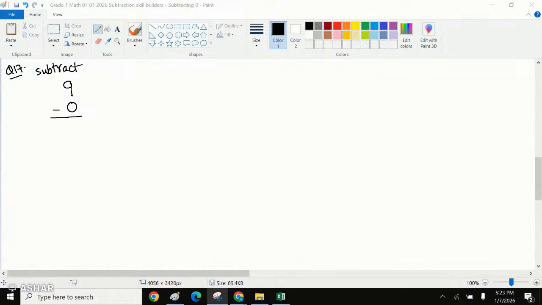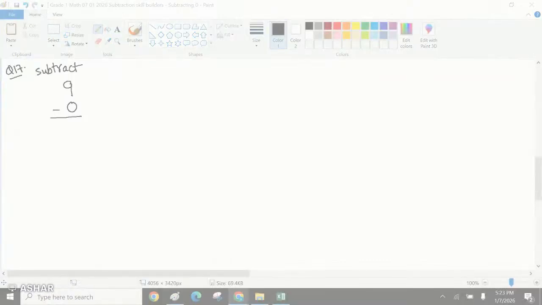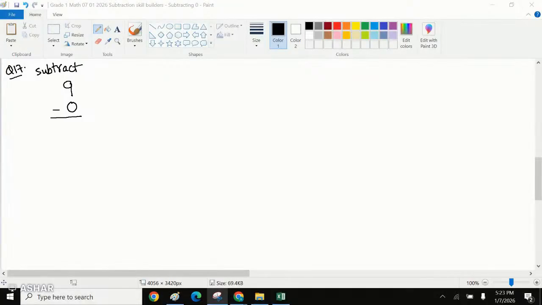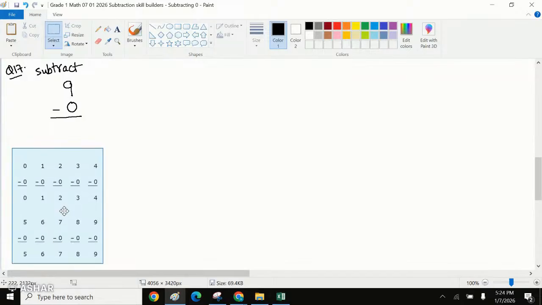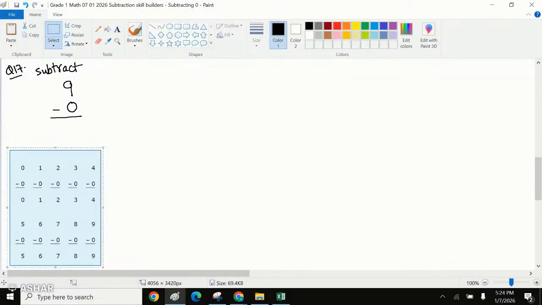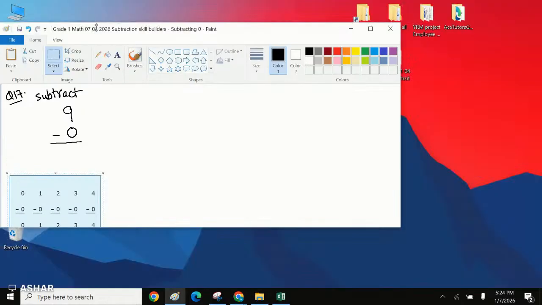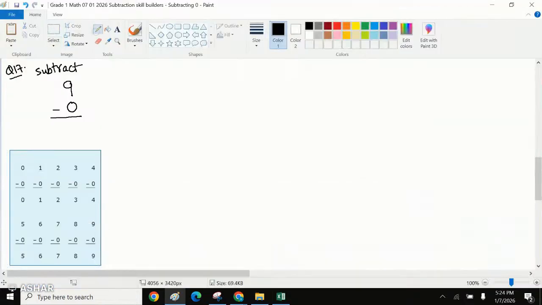And we remember how we subtract, right? Let's look at the grid. I'll just copy the grid for you so that we have it for our reference. Whenever 9 minus 0, let's look for 9 first over here. This is not 9. No 9.